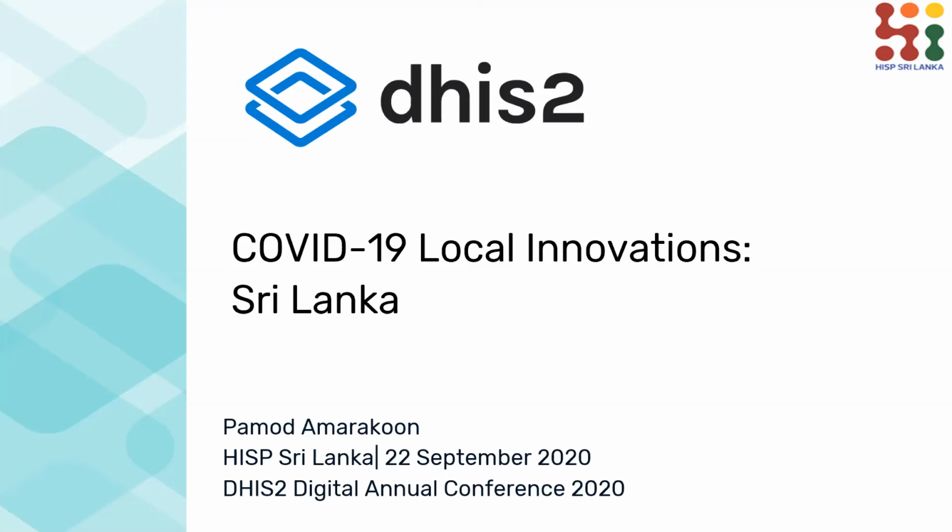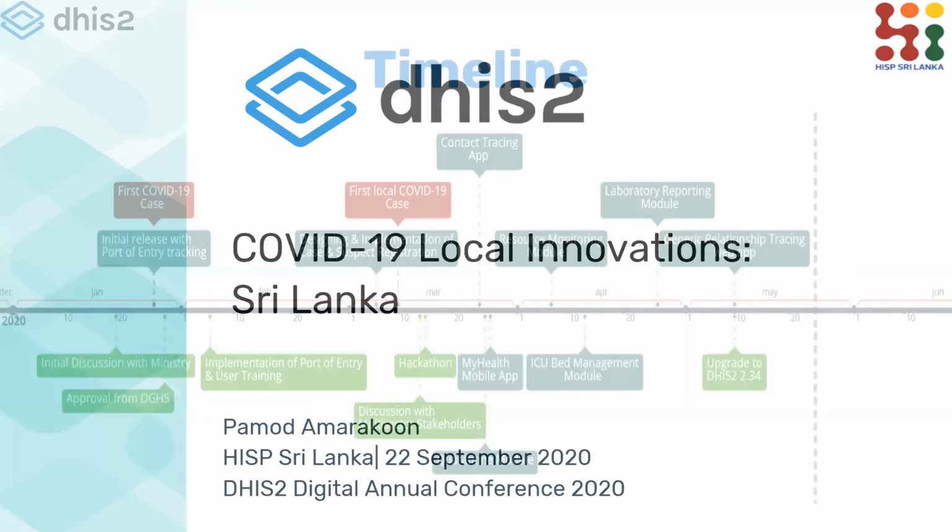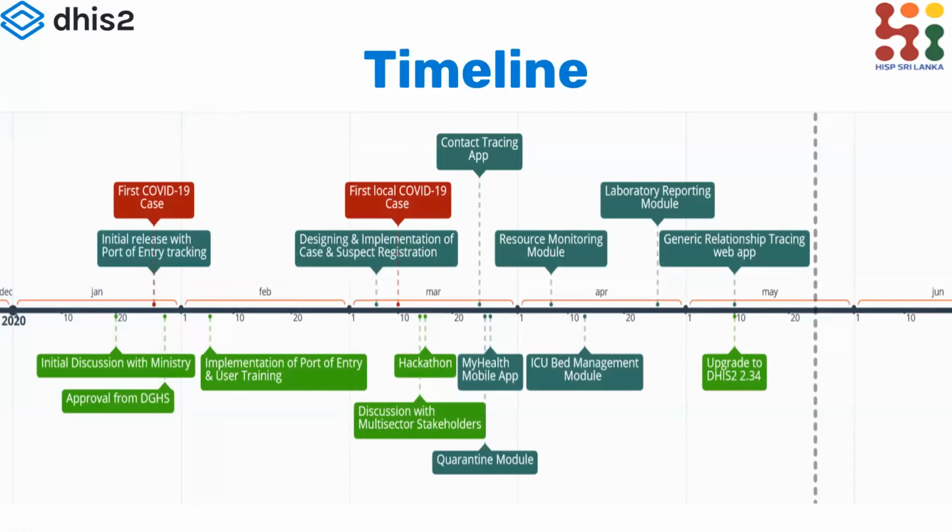I'm Pamod, representing HISP Sri Lanka. I will take it forward from where I left off in the plenary session. What you're seeing here is the timeline of COVID-19, the disease progression, as well as the information system implementation on COVID-19 in Sri Lanka.